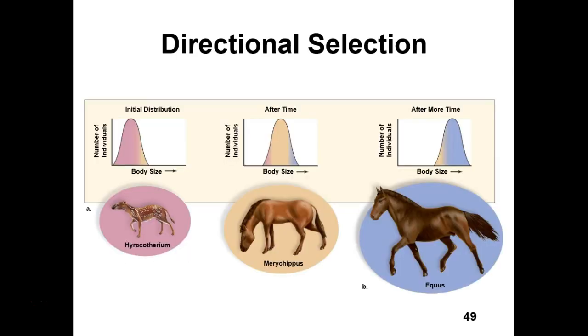The example here we look at is the horse. The initial body size of a horse was very small. They were able to move through the woods very easily, and they lived in a woody area. But as the environment changed, the size of the horse changed, and actually the number of toes the horse had changed.